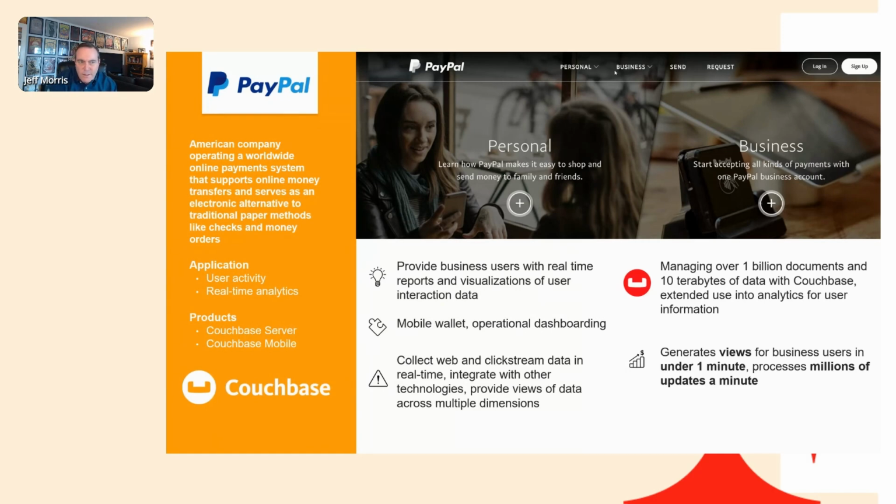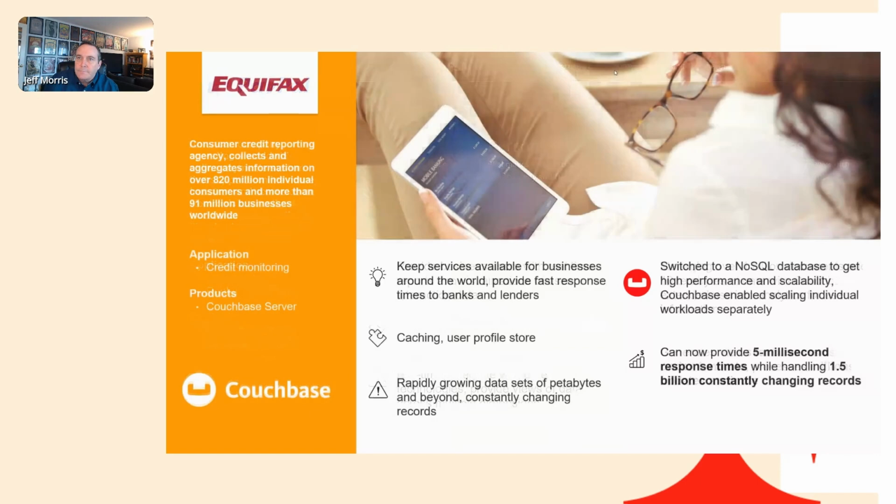The benefit they're enjoying is that the views they generate for their analytic business users happen in a matter of seconds, and they're able to process millions of updates a minute. So very high speed, lots of interaction, lots of play here in the PayPal area.